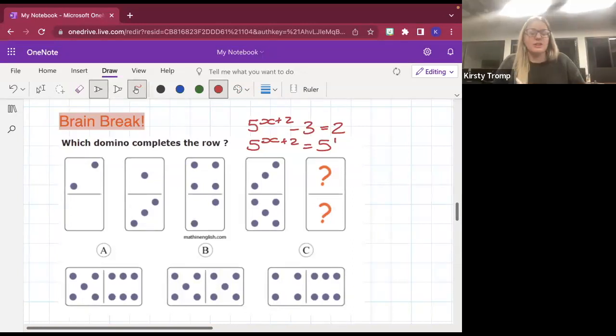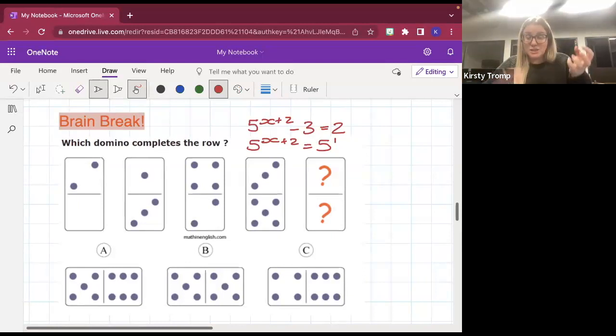All right. Now, Chief, do I have the same base on each side? Is 5 the base on the left-hand side, and is 5 the base on the right-hand side? We do have the same base. What happens when I have the same base on each side, Chief? What can I do? We need to get the exponents the same.